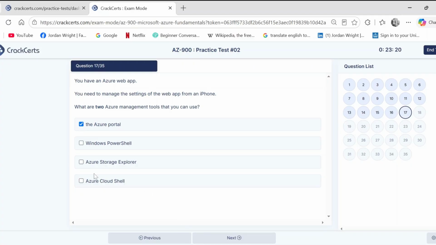Or is it just two? Yeah, or maybe the Cloud Shell. Oh yeah, the Cloud Shell. I don't know this one actually. I think it's, no, it's Azure Portal and the Cloud Shell. Okay, I think so. I'll go with that.